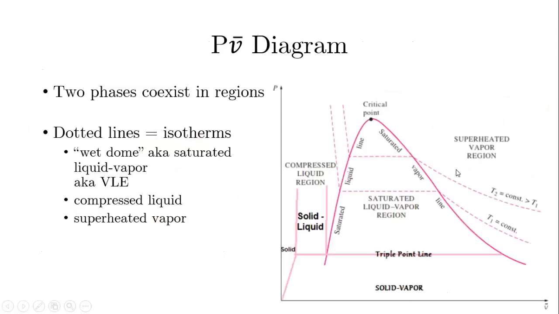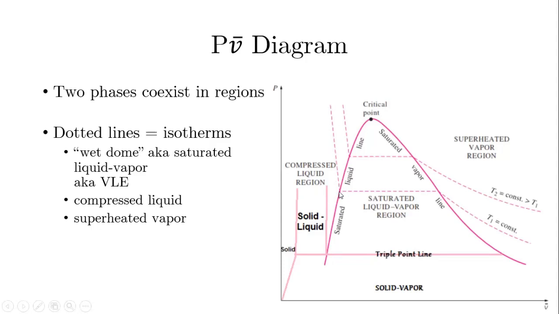So it's nice because I'm able to resolve this and understand what happens during the transition. So again, to remind you, when I have a transition between a liquid and a gas, the temperature will stay the same during that transition.